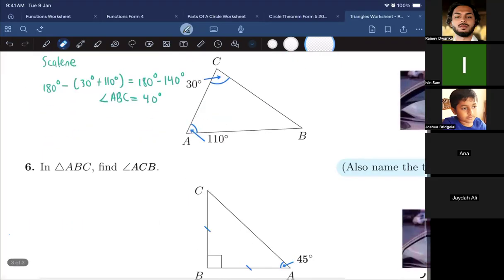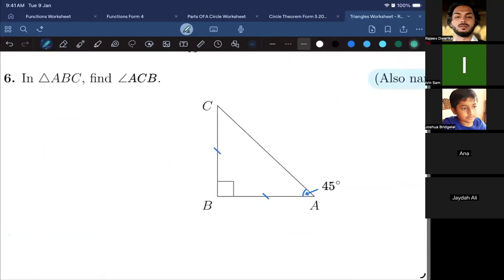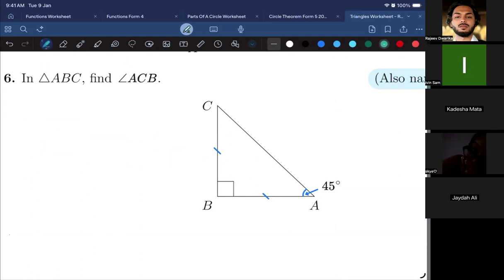Yes, we are. Nice. Question 6 now, guys. Are we going to get fooled? What kind of triangle is question 7? Somebody tell me fast. Isosceles. So we didn't even have to do any working. We know it's an isosceles triangle, so angle ACB would have to be equal to 45 degrees.